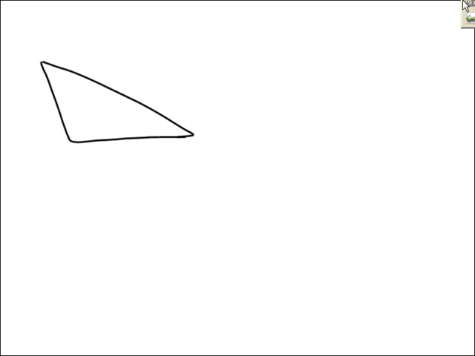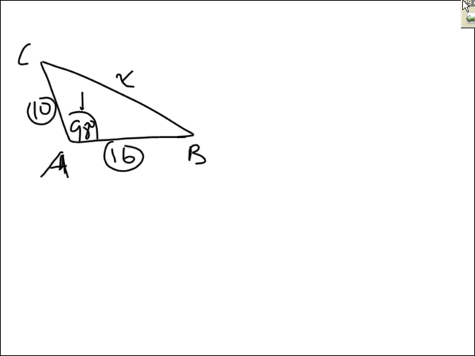For example, if you're told this is A and B and C, and you're told that this is 98 degrees and 10 and 16, and they ask for X. You're given two sides and the angle in between, and they're asking you for the third side, which, by the way, is called A. Use law of cosines.